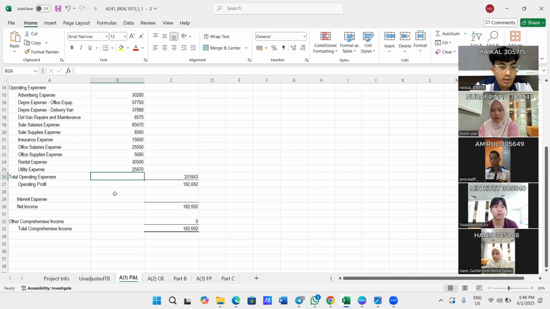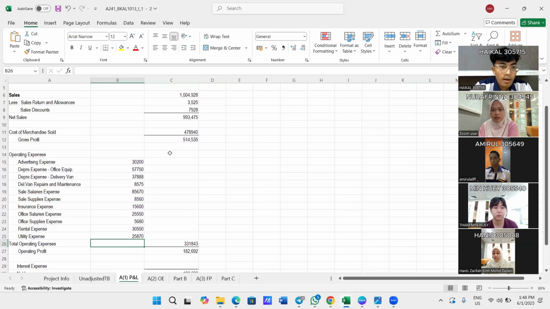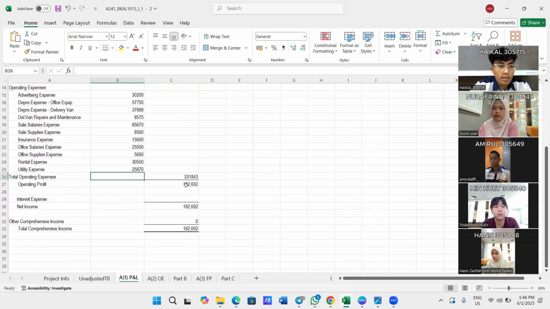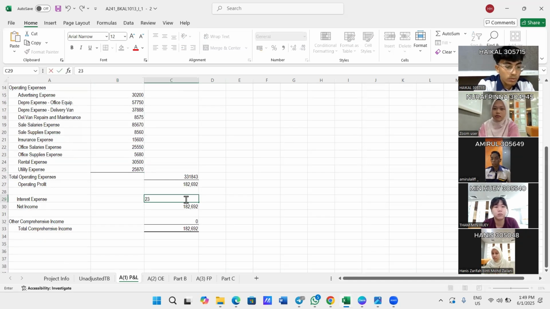331,843. To get the operating profit, we take the gross profit minus the total operating expenses. So 514,535 minus 331,843 equals 182,692. The interest expenses is 23,123.